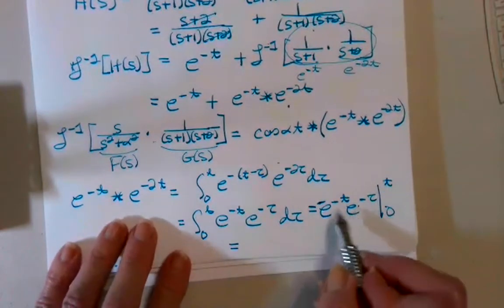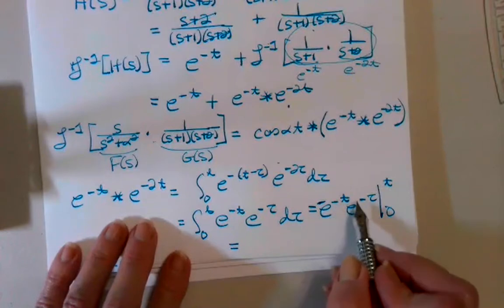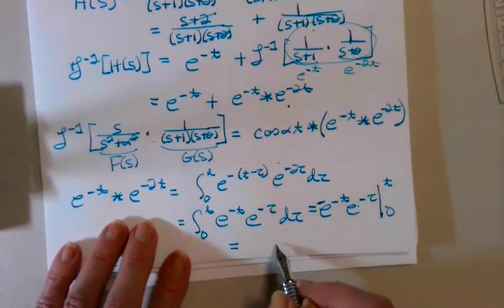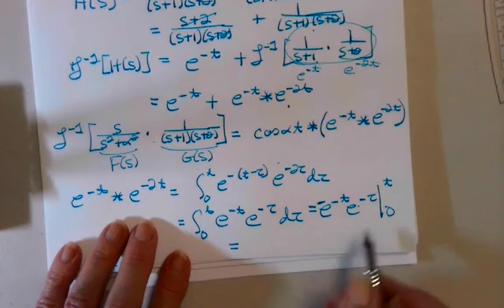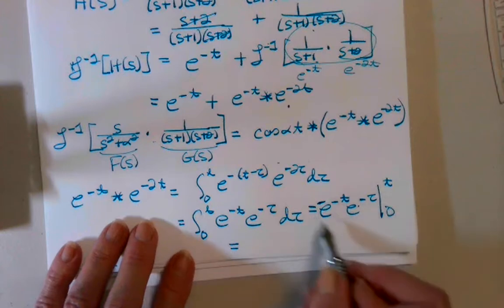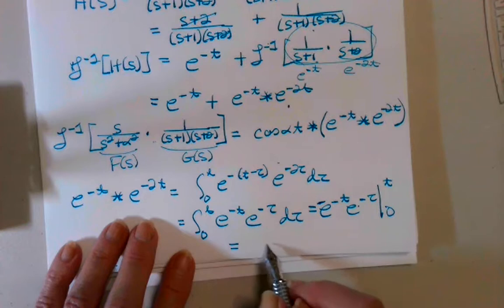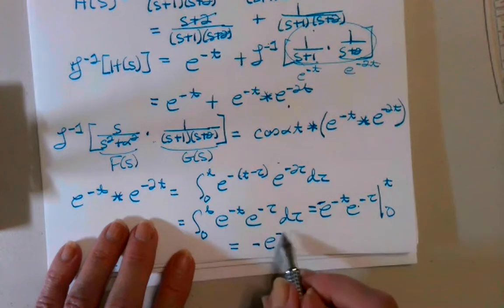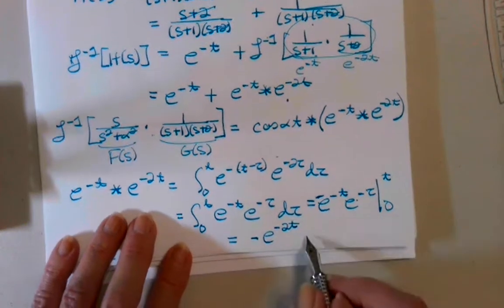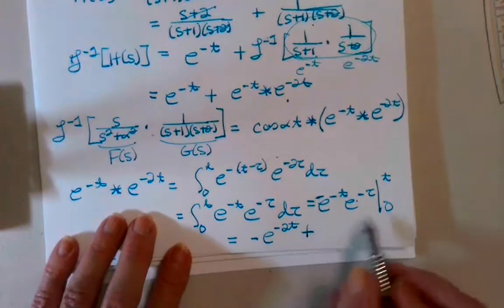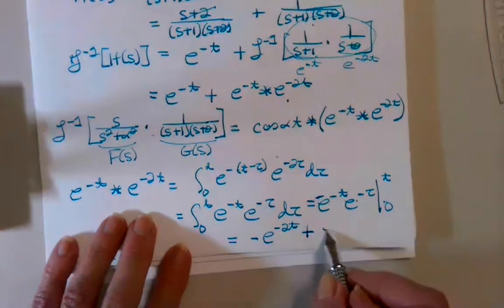And at t, that's a minus e to the minus t, e to the minus t, so that's an e to the minus 2t. And then when you subtract the value at 0, you get a plus e to the minus t.